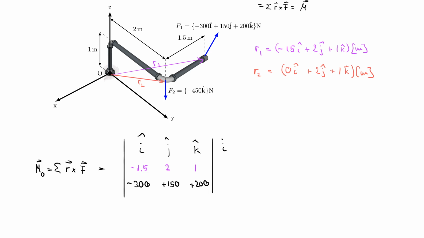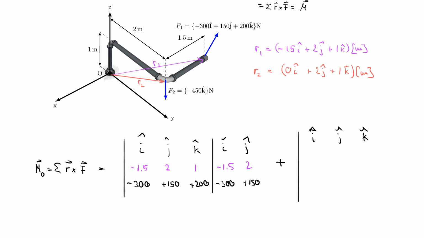So let's copy i, j, and minus 1.5 and 2, minus 300 and plus 150. And that is the first part. So now I have to add my second determinant, which of course also has i, j, and k components.